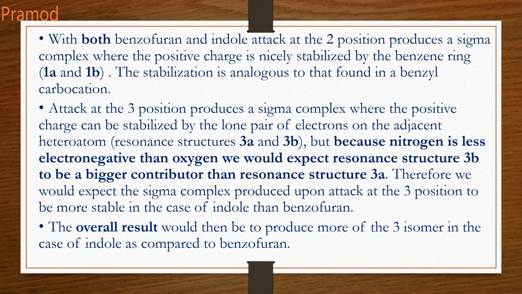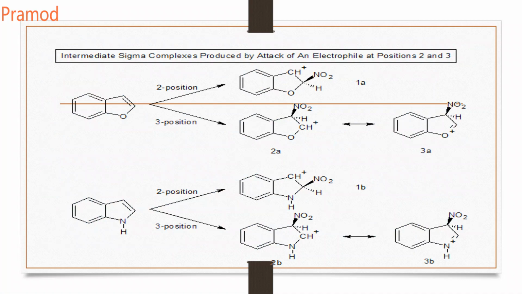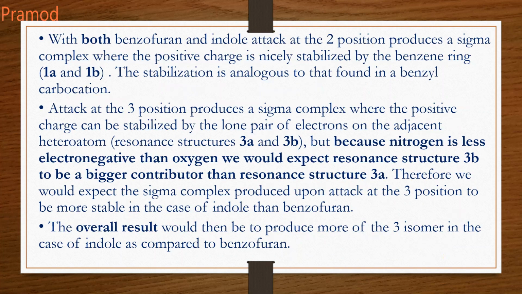Attack at the C3 position gives a sigma complex where the positive charge can be stabilized by the lone pair of electrons on the adjacent heteroatom. So in the case of C2, it is stabilized by the benzene, but when the addition takes place at the third position, it is stabilized by the lone pair of electrons on the adjacent heteroatom. That is your structures 3A and 3B. It gets stabilized by your lone pair of electrons that you see.